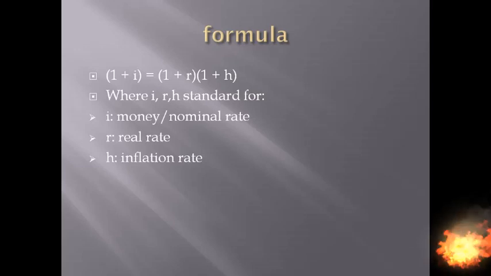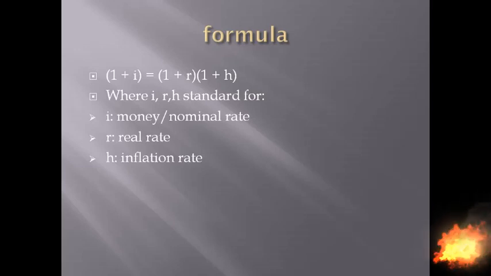If they ask you to calculate the real rate, you have to take 1 plus r, which is equal to 1 plus i divided by 1 plus h. That is the formula to find the real rate.